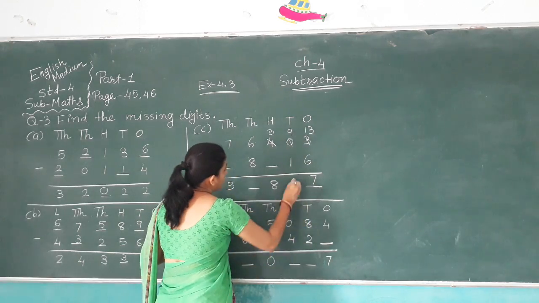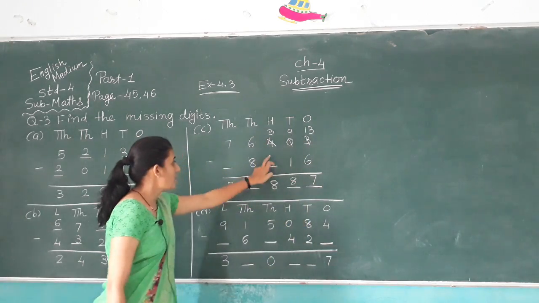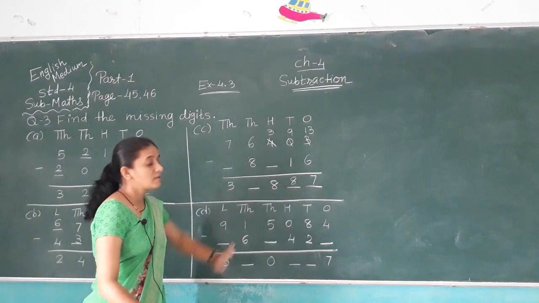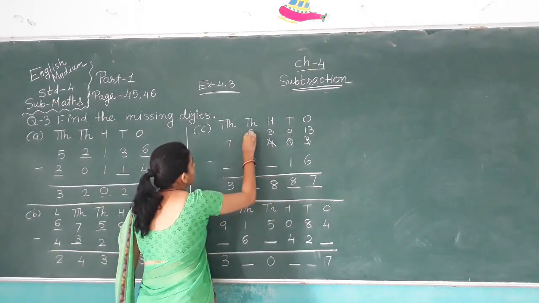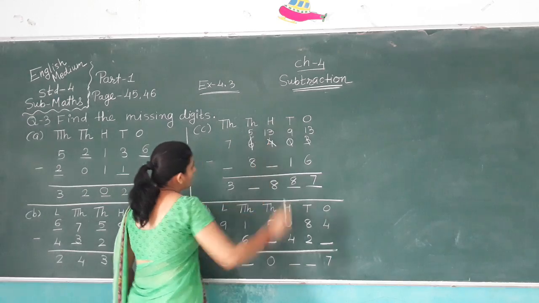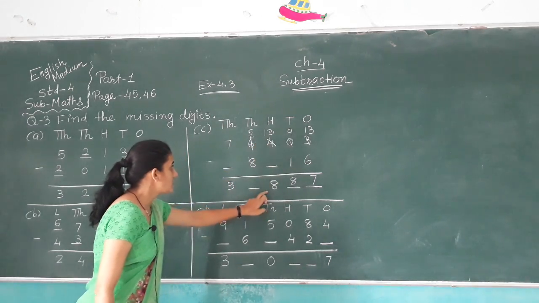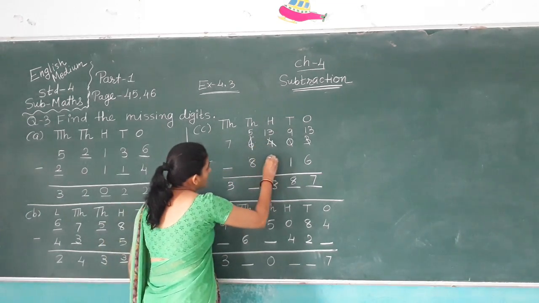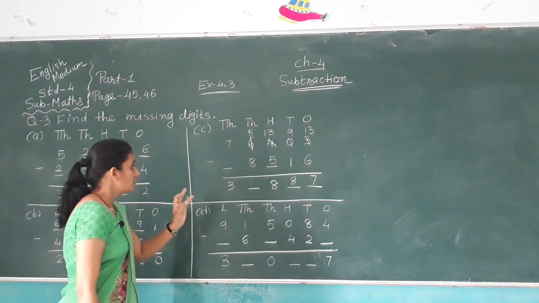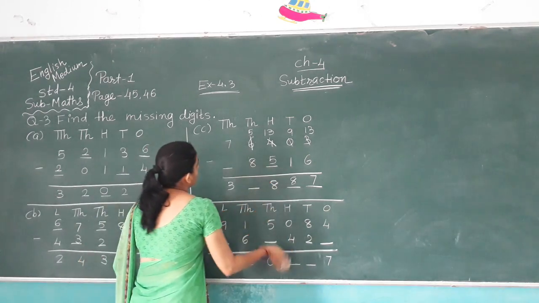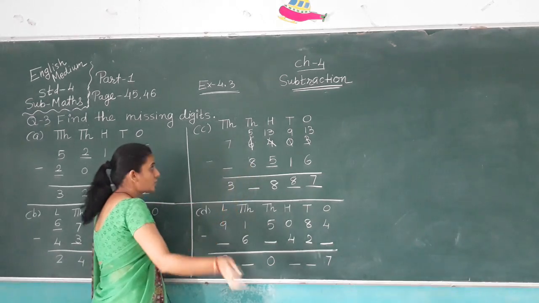9 minus 1, 8. Again 3 minus 4. 3 minus blank. It is not possible. Cut here 6, write here 5 and here 13. 13 minus 8. So 5. 9, 10, 11, 12, 13. So 5. And 5 minus 8, it is also not possible.